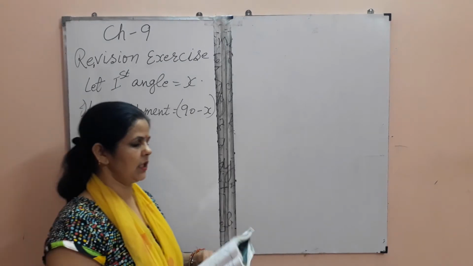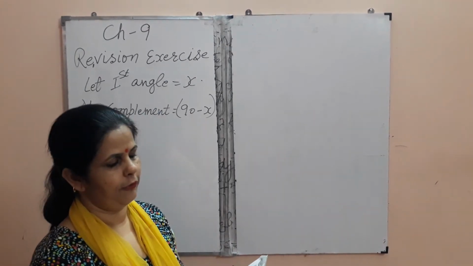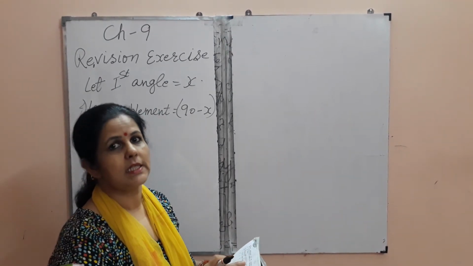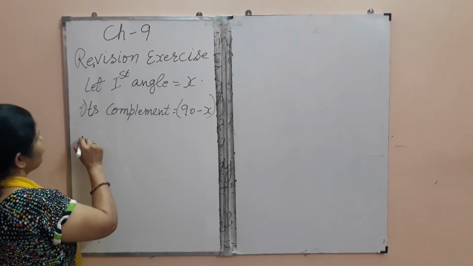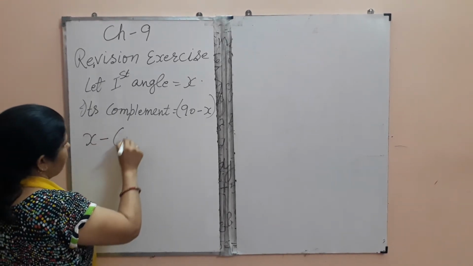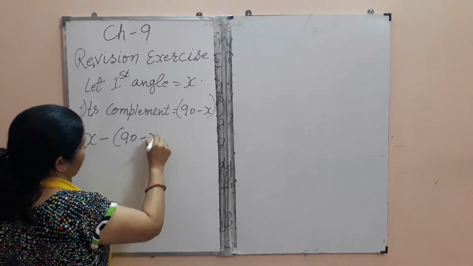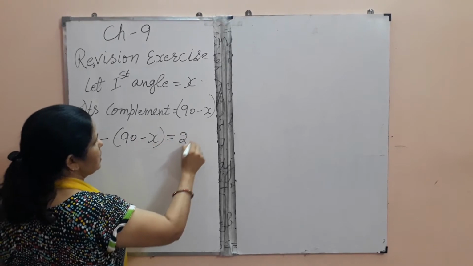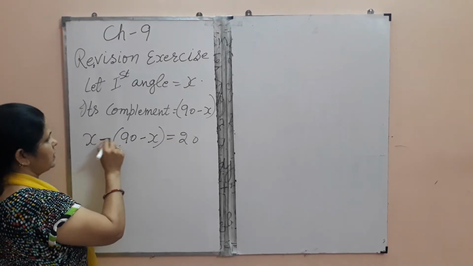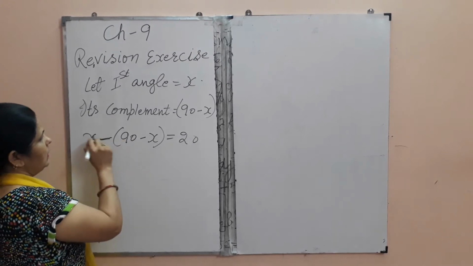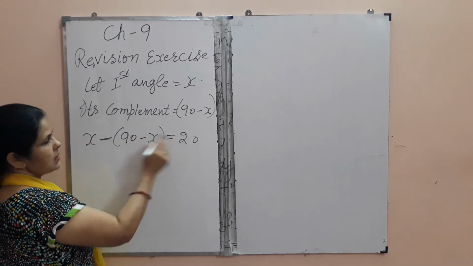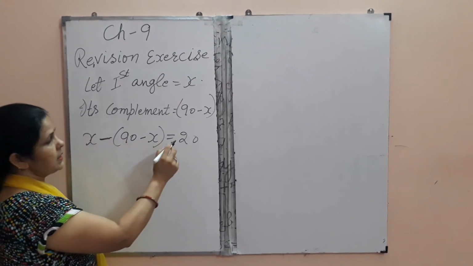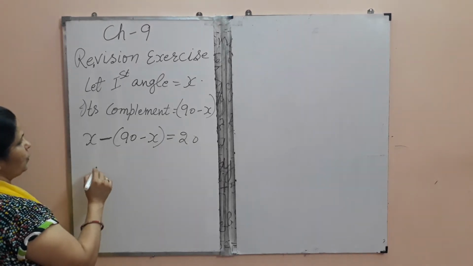So the question is the difference of two complementary angles is 20. So one angle is x minus 90 minus x is 20. This is the sign of difference. The difference of x and its complement is 20 degree. Now we will solve this equation.